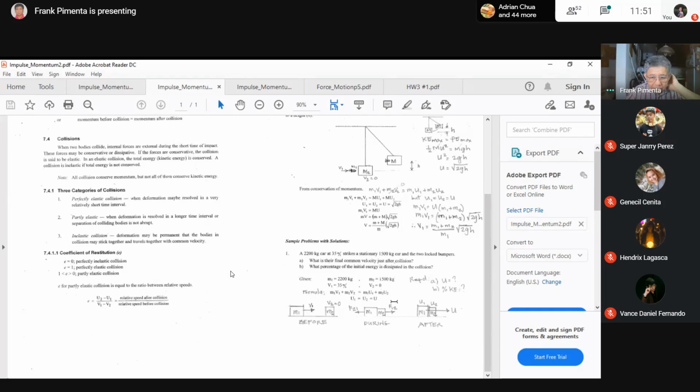Since the coefficient of restitution equals 0, we cannot apply the formula, the relative speed after the collision divided by the relative speed before the collision. It cannot be used here if this is 0. This is used only when e equals 1, or when e is greater than 0 but less than 1.